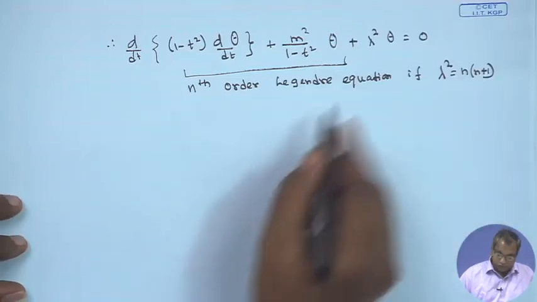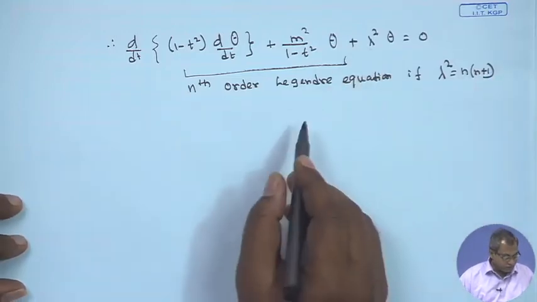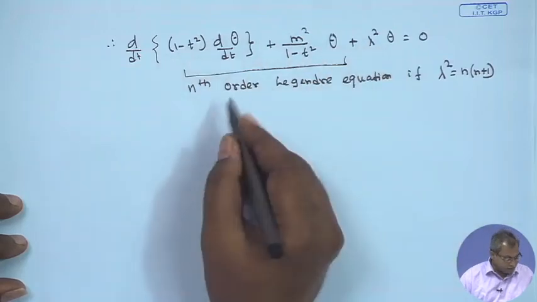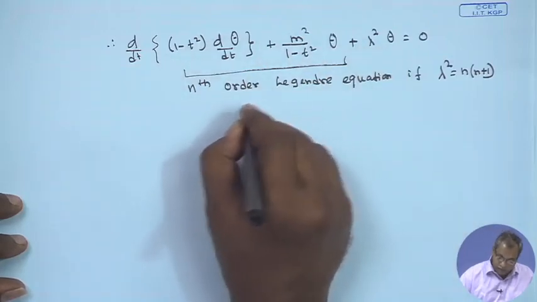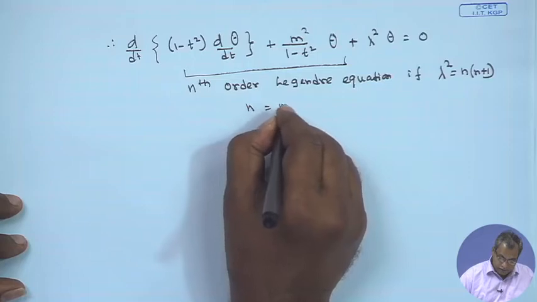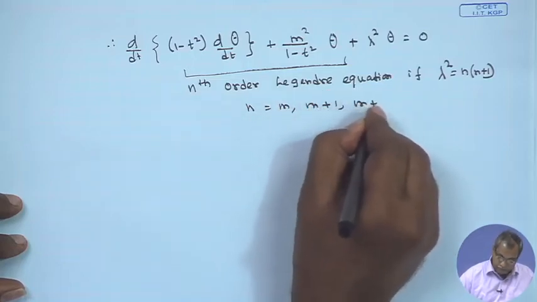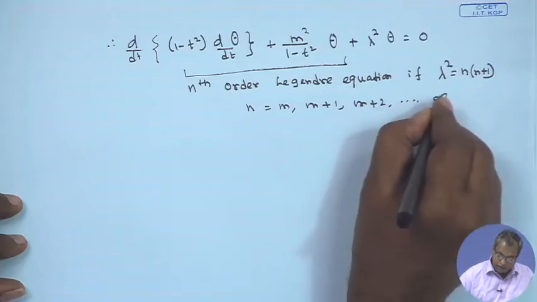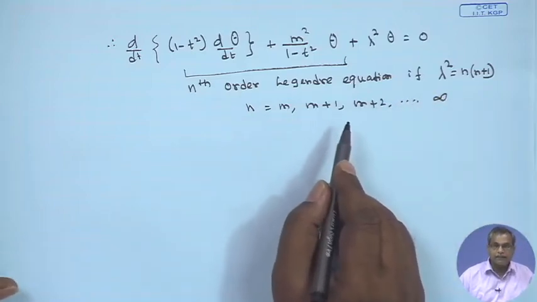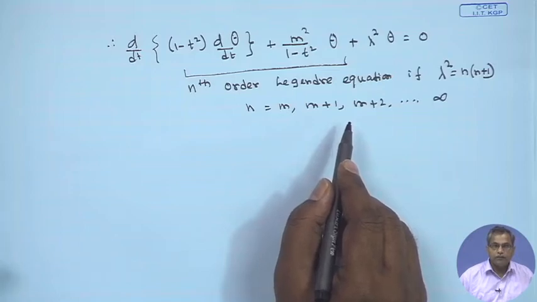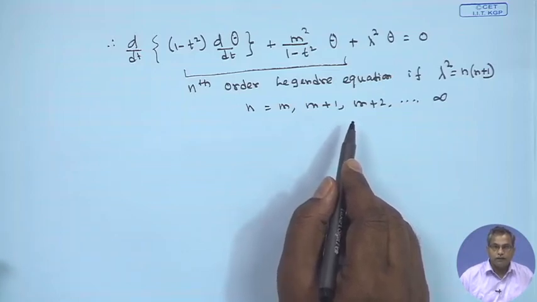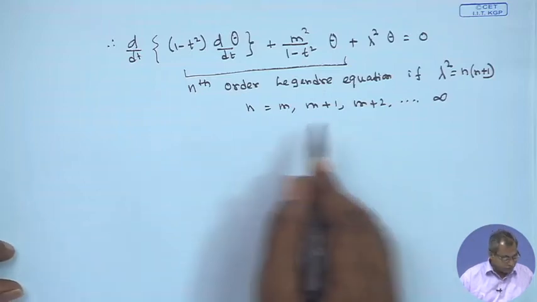If we put lambda square equal to n into n plus 1, then this will be the nth order Legendre equation, and n is m, m plus 1, m plus 2, up to infinity, where m is basically the eigenvalue that we talked about when we were solving the phi direction. So m was running from 0 to infinity.